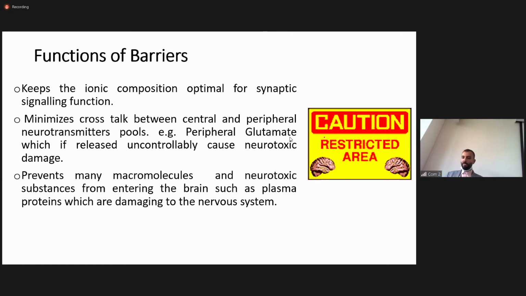So it has to be isolated. It also, as he suggested, prevents toxic substances, microorganisms, and plasma proteins from having access to the brain. So the blood-brain barrier is very important.